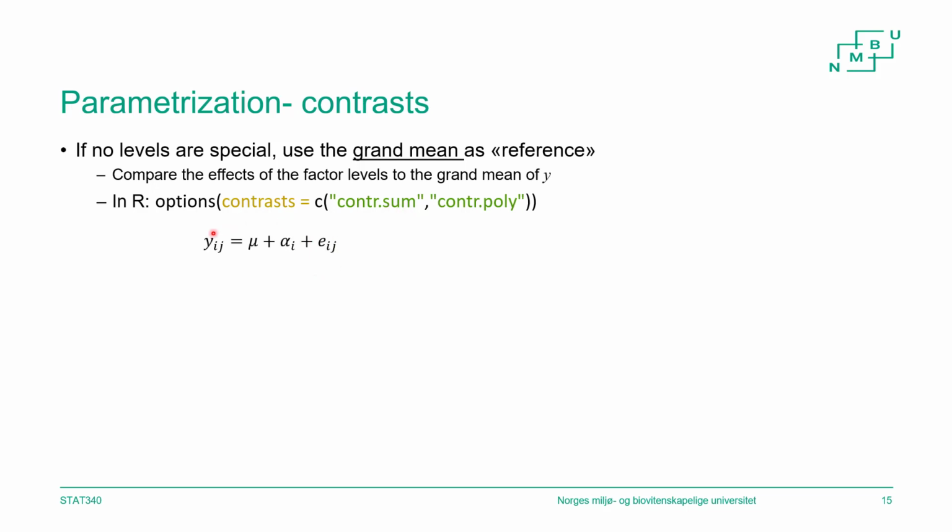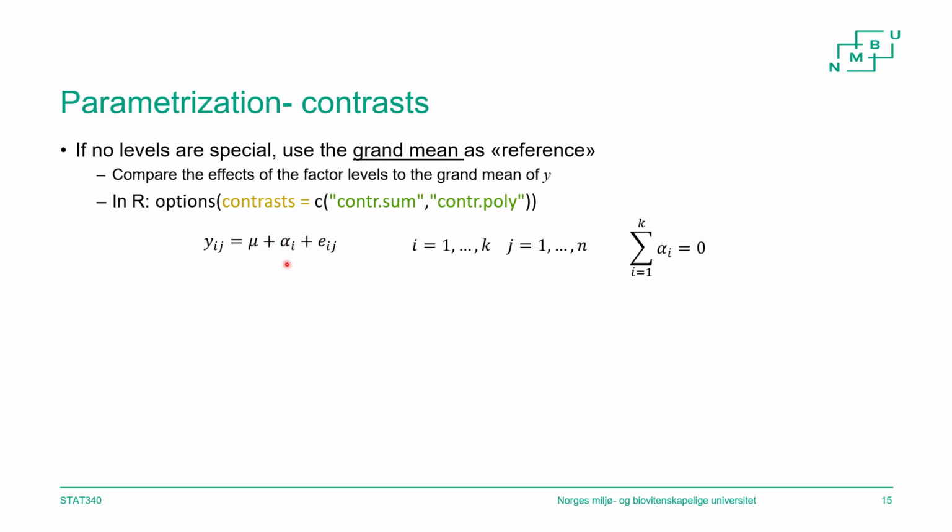And again, you write the model equation in exactly the same format with the same indexes, but with this restriction now: the sum of all the alphas is 0. And that is because mu is the grand mean now, right? And then all the deviations, whether they are positive or negative, if you add them up, they must add to 0.